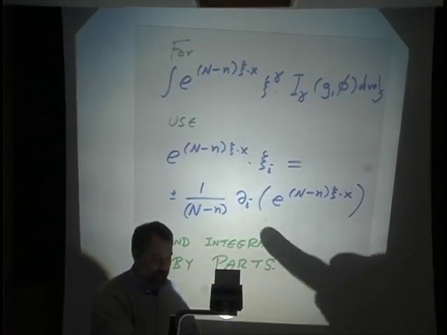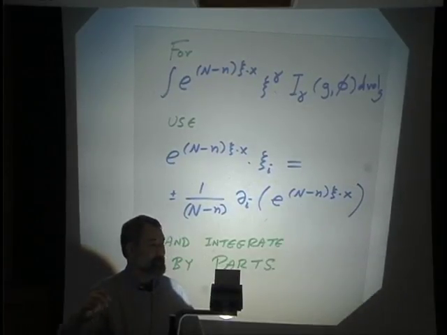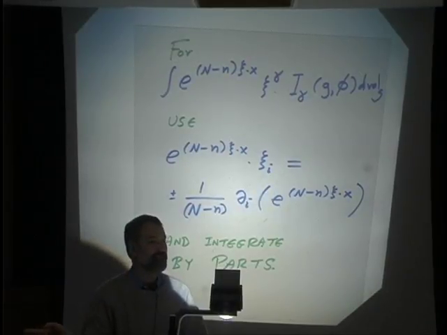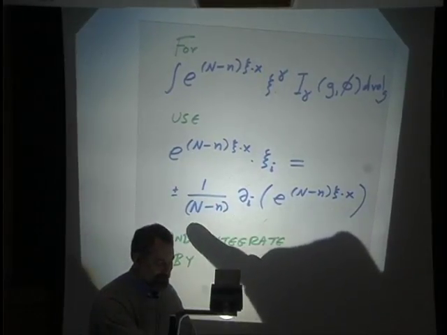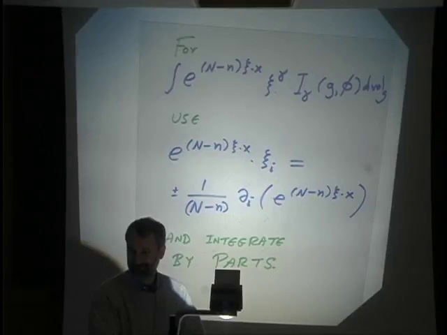Now, we want the exponential, we don't want the derivative. Therefore, we integrate by parts to move the derivative away from the exponential and onto whatever other stuff is there. When we do that, notice that there arises a factor 1 over capital N minus little n. It would be a little strange to try that if we didn't change from little n to capital N.